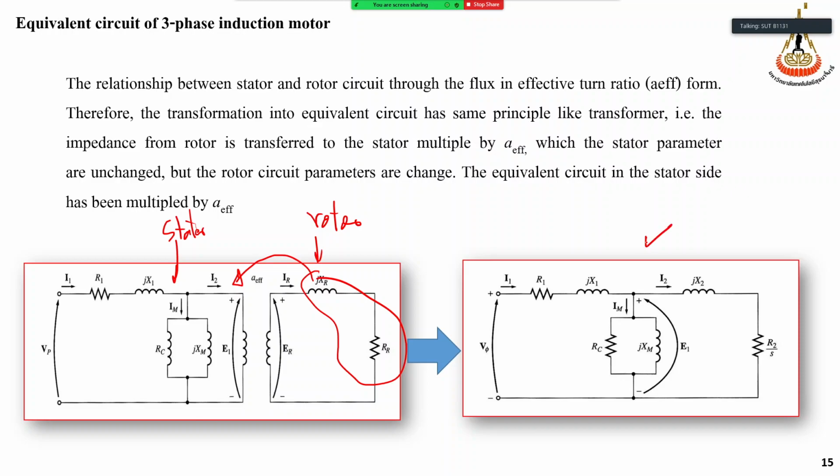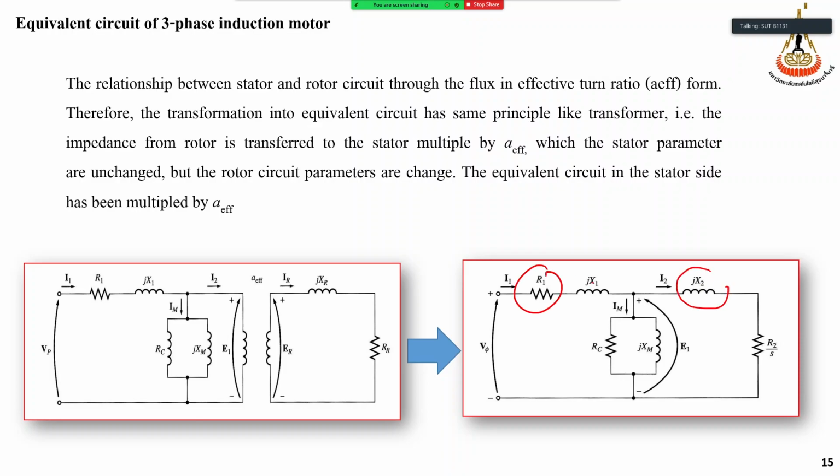Then we have this equivalent circuit, where this is R1 and X1 of the stator, this is from the core, and this is X2 and R2 of the rotor.